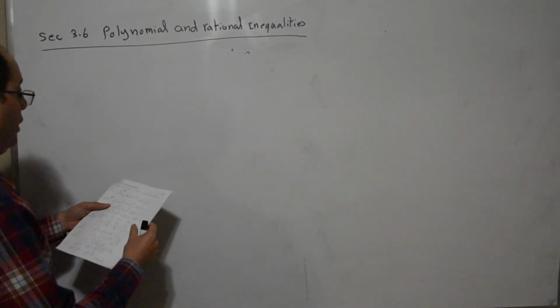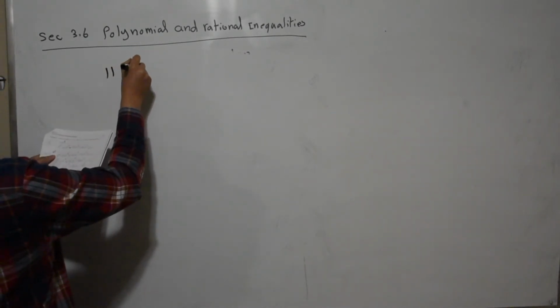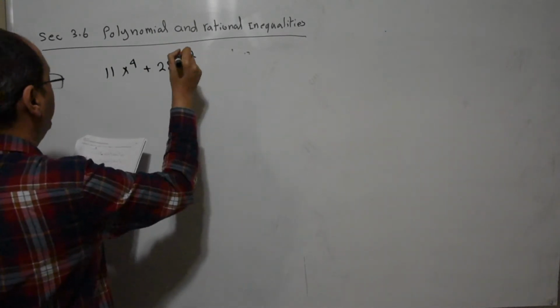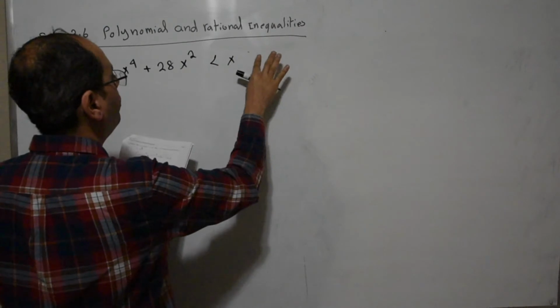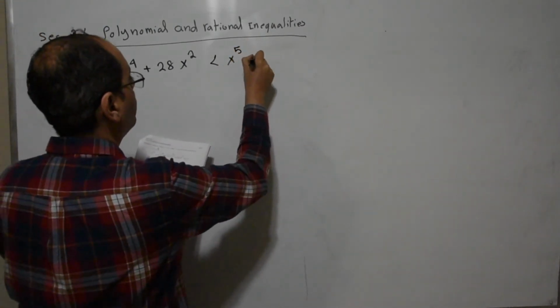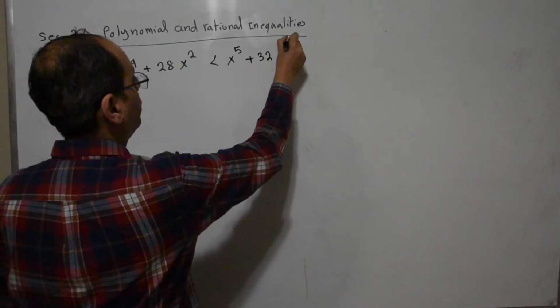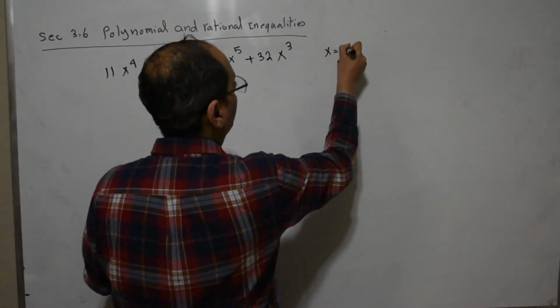Okay, I have 11 x to the 4th plus 28 x squared less than x to the fifth plus 322 x cubed. And I'm given that 2 is a 0 of this inequality.